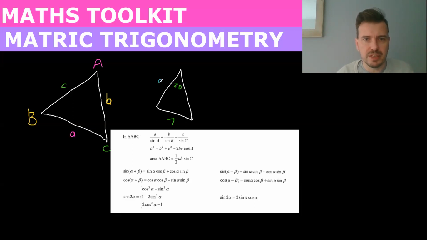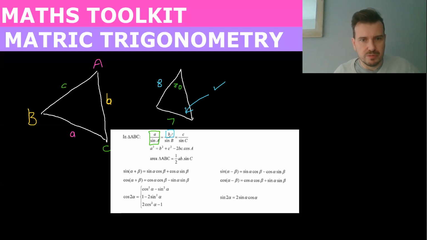And say this was 8, you could work out this angle. Because you would have this bit here, you could maybe use the green, and then you'd have the side, and then you would just solve for it. Okay.